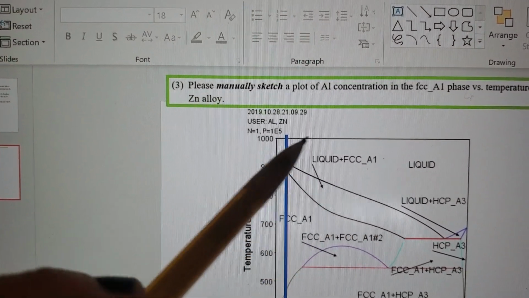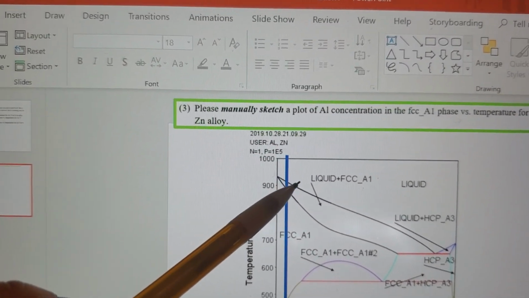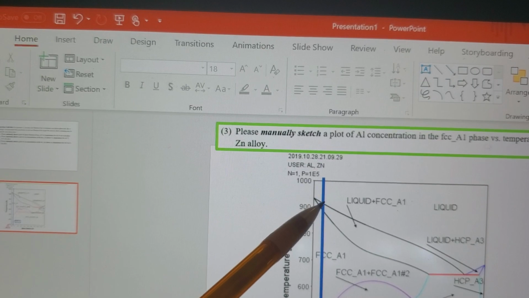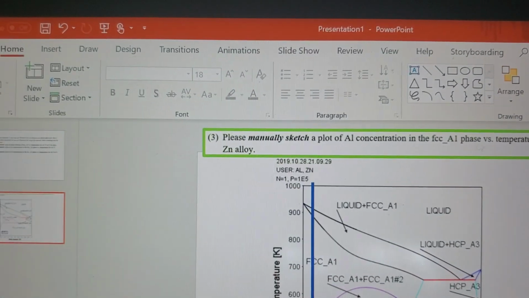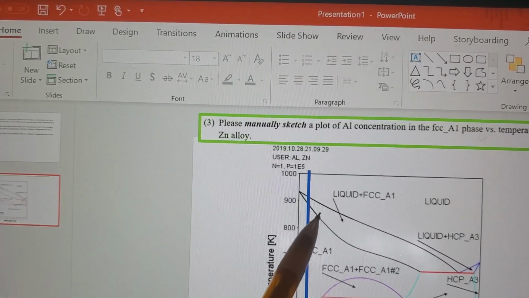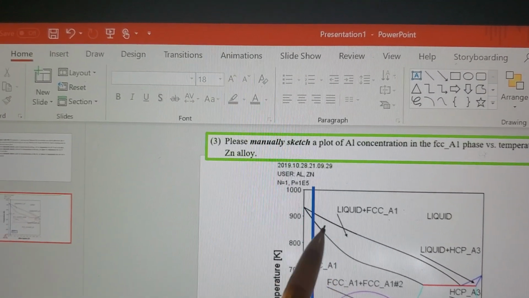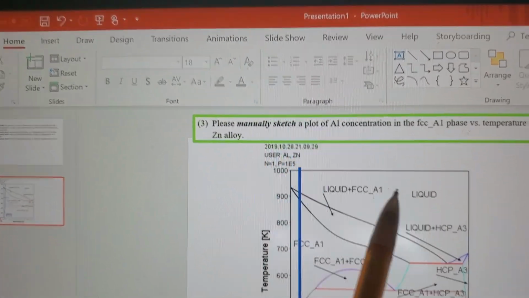So now that we looked below the 930 Kelvin, we can look above the 930, which is just the liquid phase. So here we have above 930, 0 moles of zinc and 0 moles of aluminum, because there is no FCC-A1 available. It's just a single region, which is liquid.